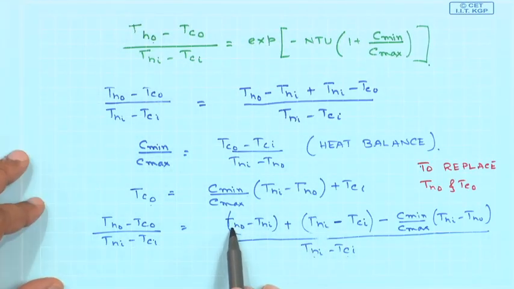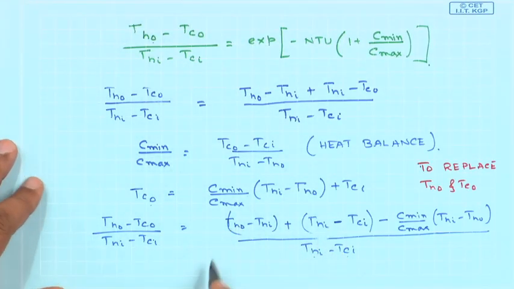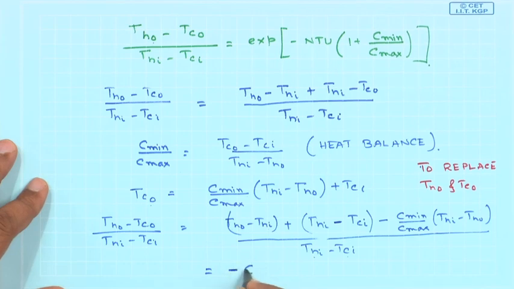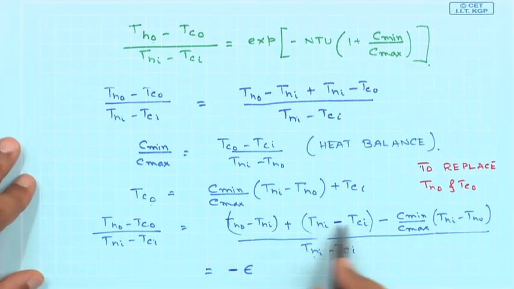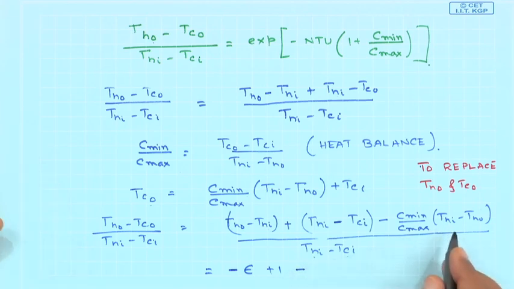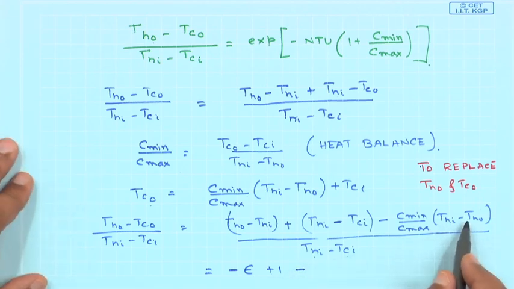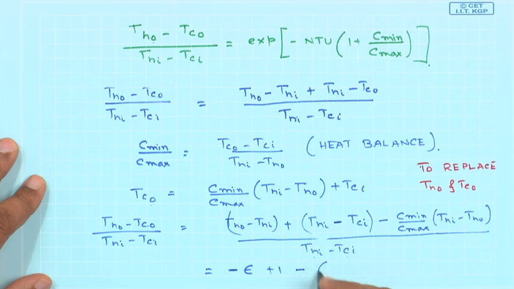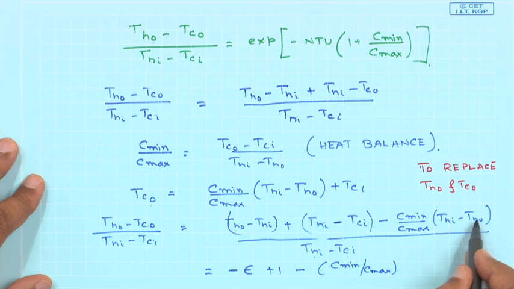So over here THO minus THI by this is nothing but minus epsilon. This will simply be 1, and what I have over here is simply C minimum by C maximum, and THI minus THO by this is simply the definition of epsilon.